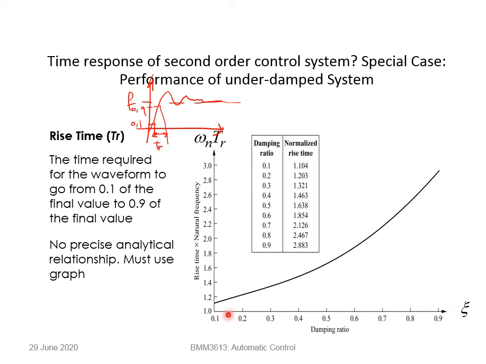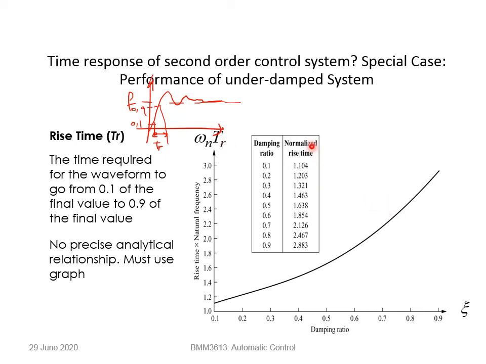As a function of the damping ratio, the product of omega n and Tr will change. This graph for a certain system is usually given: for a certain damping ratio, you will have a certain value of omega n Tr. If you know the value of omega n, you can therefore know the value of Tr.